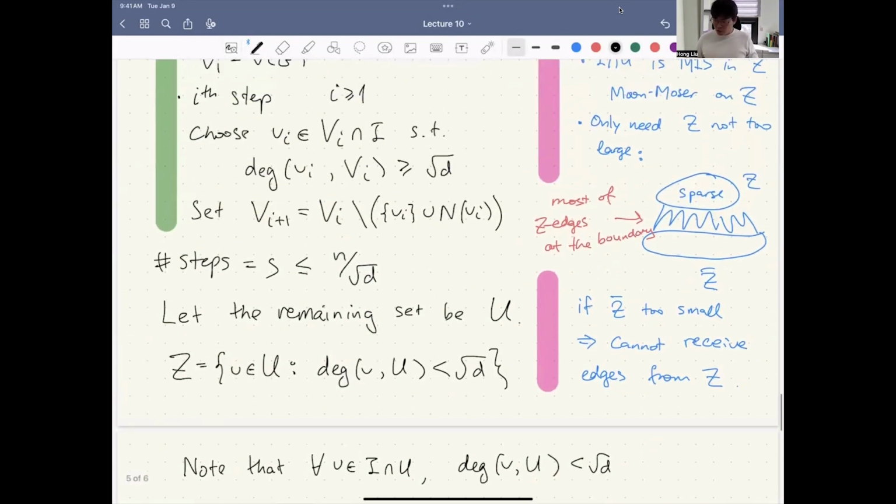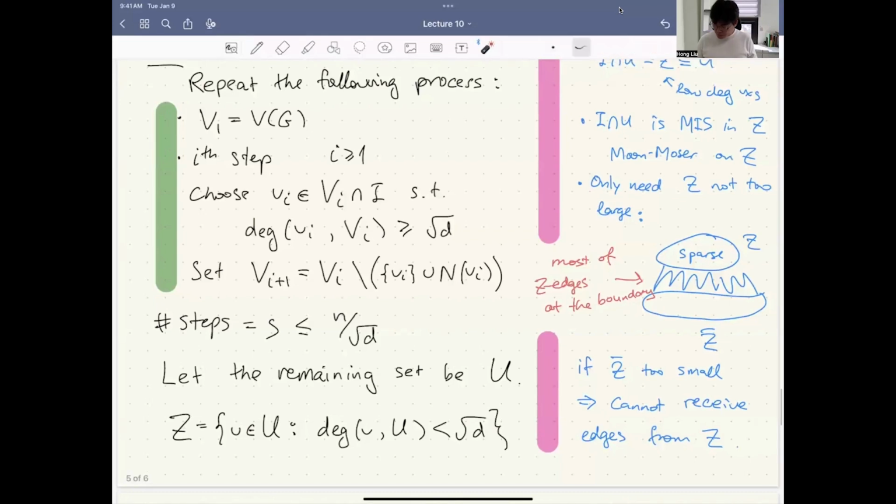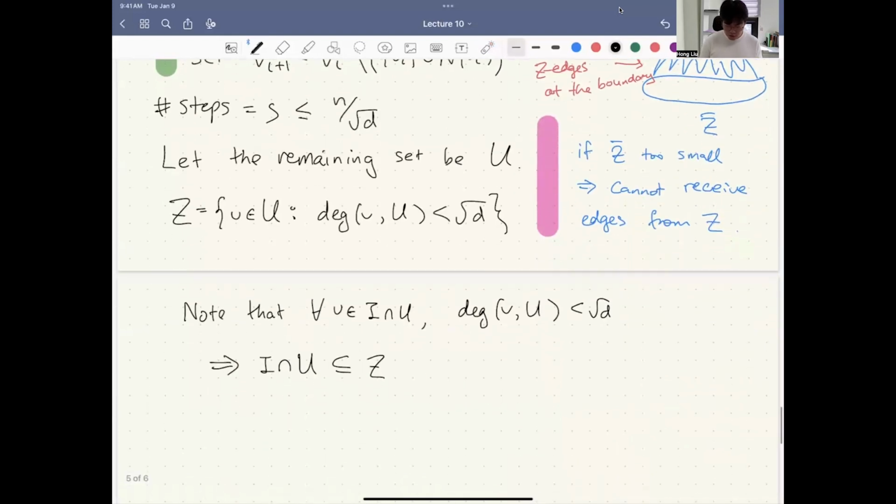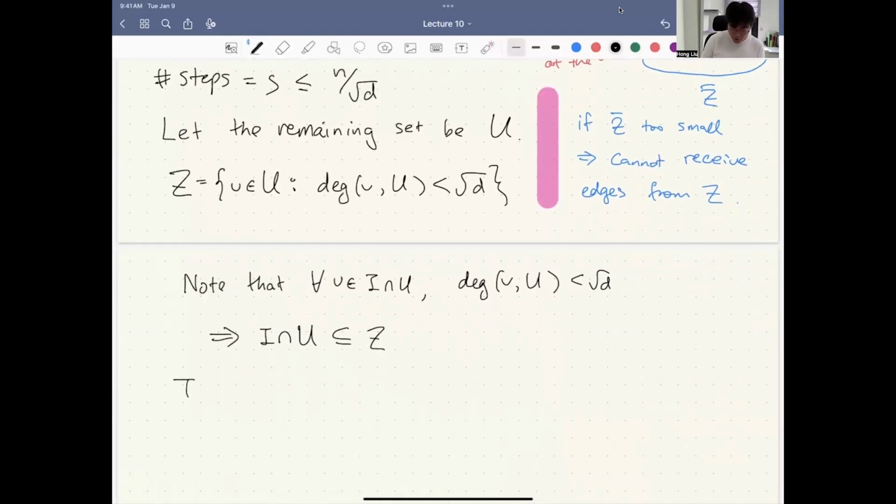The next thing we want to do is apply Moon and Moser. So thus the number of MIS of G is at most.